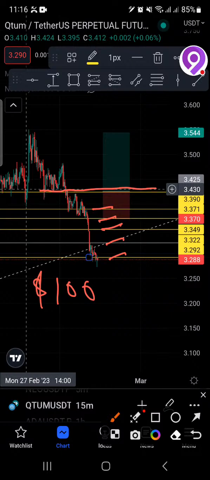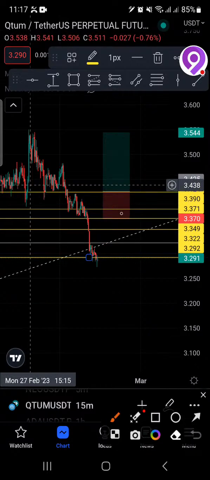Now, your entry will change. Maybe your entry will probably come around this third line or fourth line, either of the two. Your entry will be between the third line or the fourth line. Now I can't determine the exact entry, but when you place a trade, by the time you add to the position, it will show you your new entry.